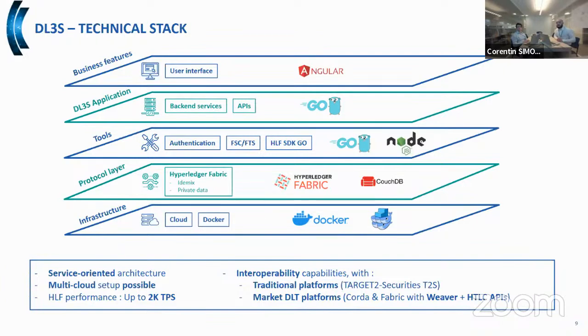And we have interoperability, to name a few, with traditional platforms, so TARGET2-Securities, that is a European legacy system offering centralized delivery versus payment settlement, having cash and securities on the same platform. But also market DLTs with Corda and Fabric, with Hyperledger Weaver, and HTLC APIs with the Venus experiment.